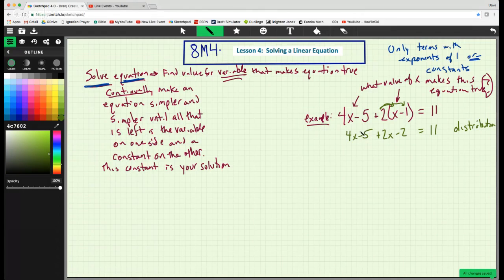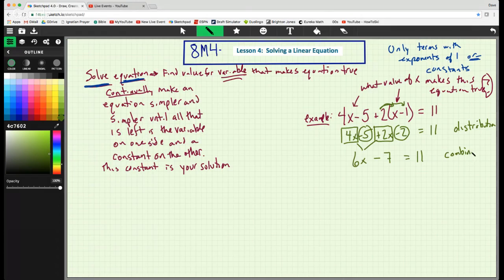Now to make it simpler once more, I'm going to take my x terms, combine them into 4x's and 2x's makes 6x. And I'm going to combine my constant terms, minus 5 minus 2 is minus 7, equals 11. So this is called combining like terms.